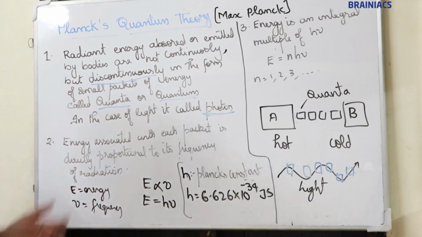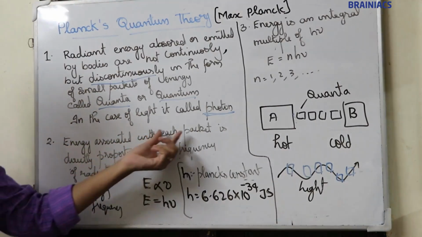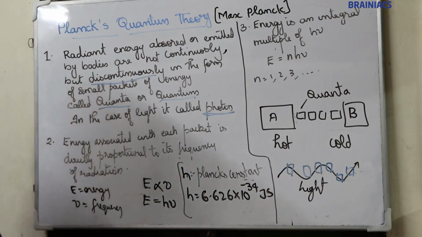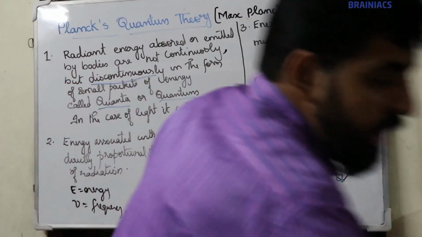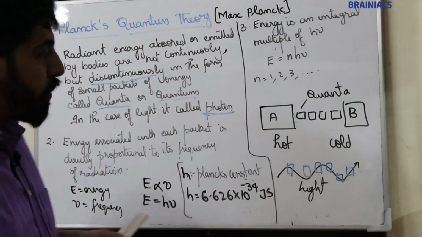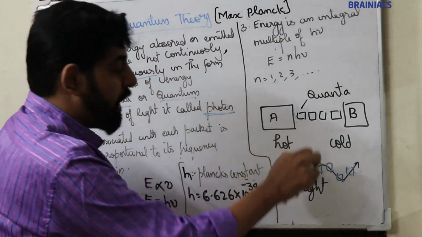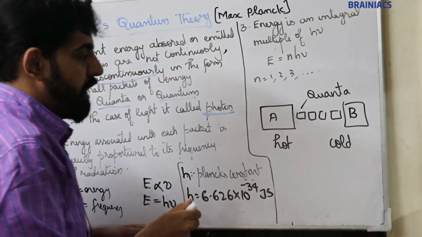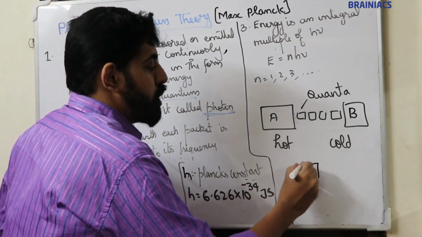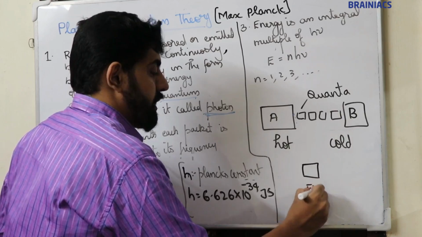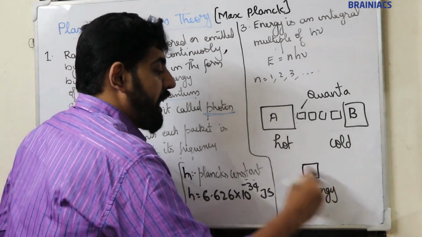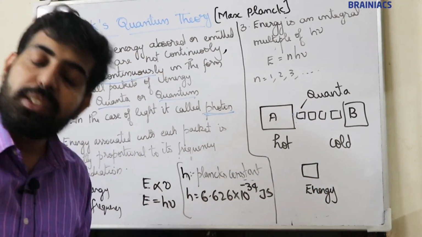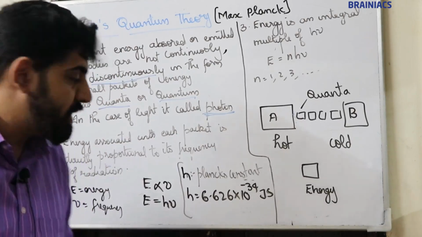Now the second postulate: energy associated with each packet is directly proportional to the frequency of the radiation. If you consider one packet, the energy of each packet is directly proportional to its frequency.